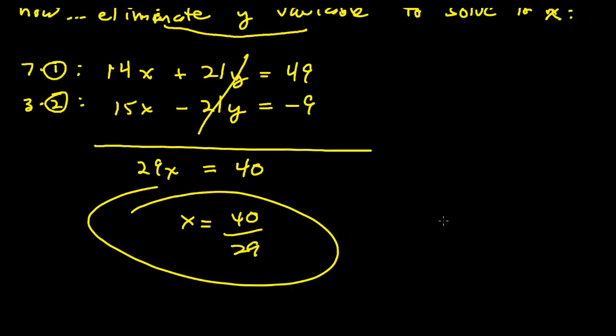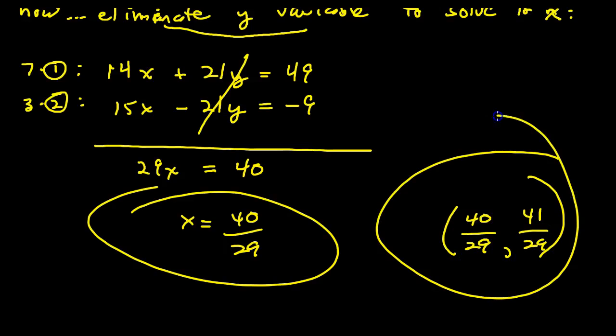All right, so when y equals 41/29, x will equal 40/29. And there is my answer. This nasty value with 2 cumbersome fractional values will indeed solve both equations simultaneously.